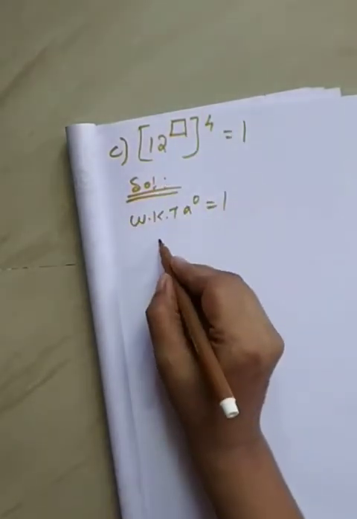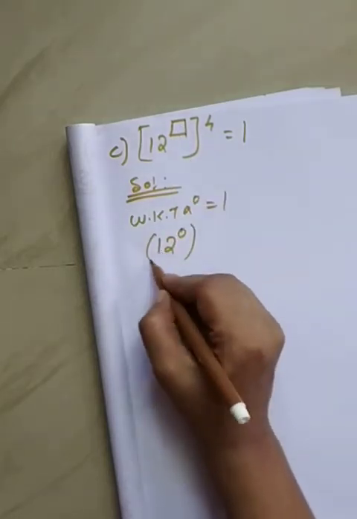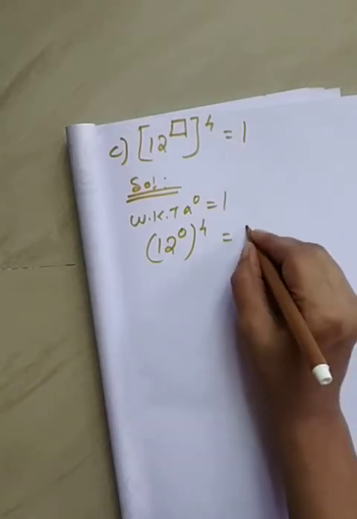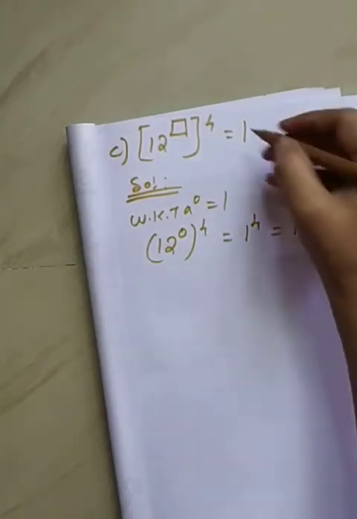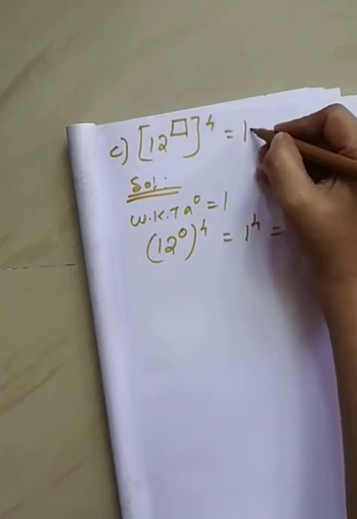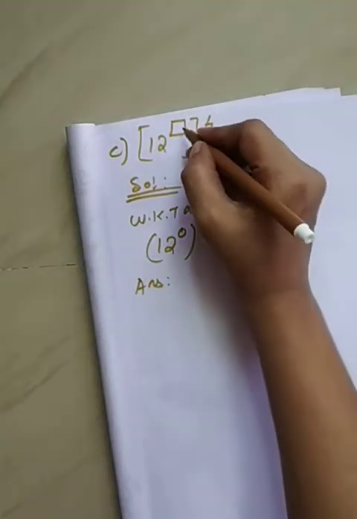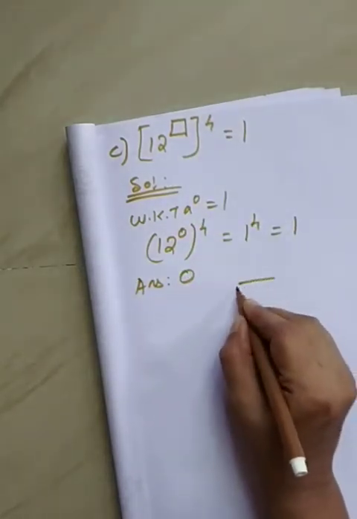Suppose in this box we put 0, then 1 to the power 4 equals anything power 0. What is that value? 1. What is 1 power 4? 1. You got the right hand side result. So you put 0 in this box, so your answer is 0. Clear?